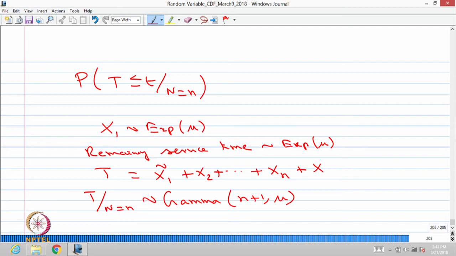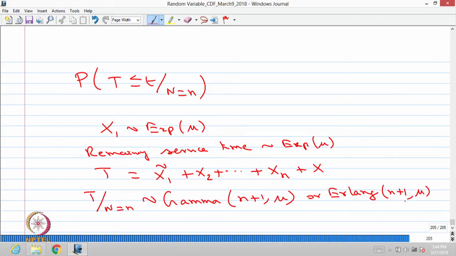This is one of the important properties of the gamma distribution. The gamma distribution, whose first parameter is a positive integer and the other parameter is mu, can be visualized as the sum of mutually independent exponentially distributed random variables with the parameter mu.